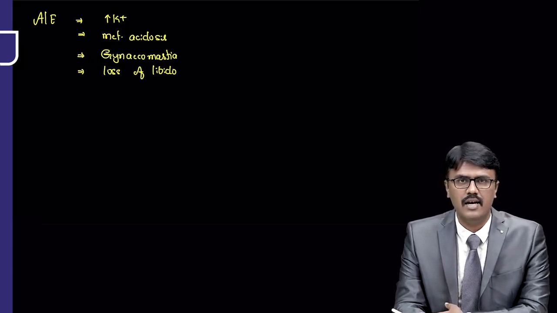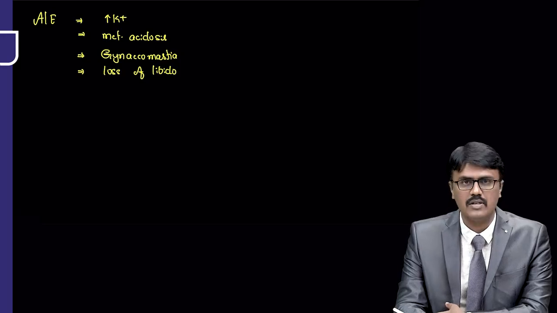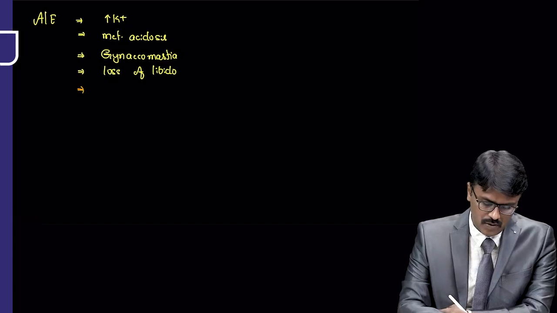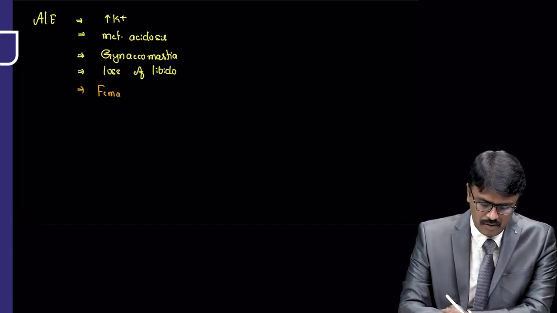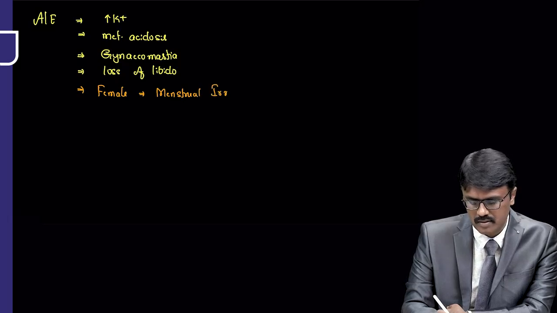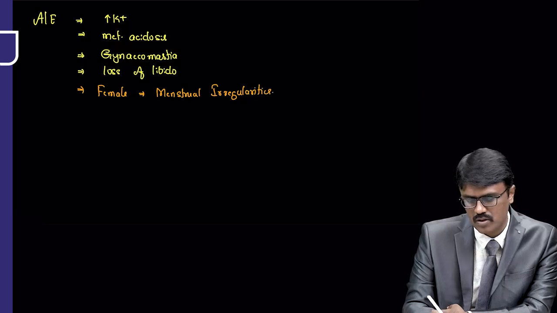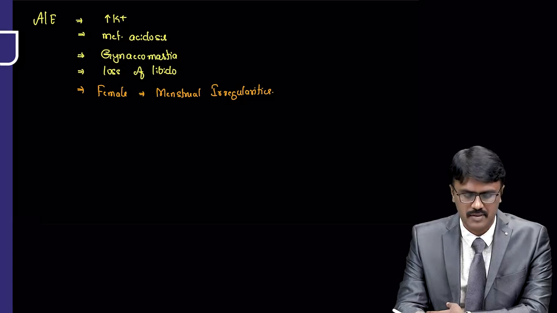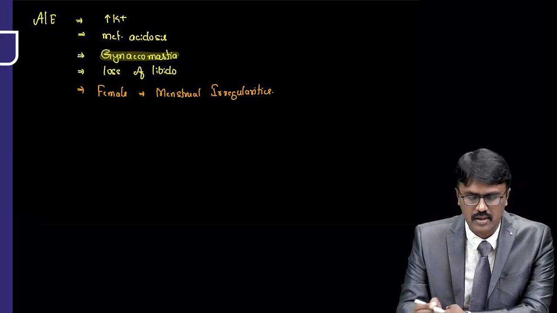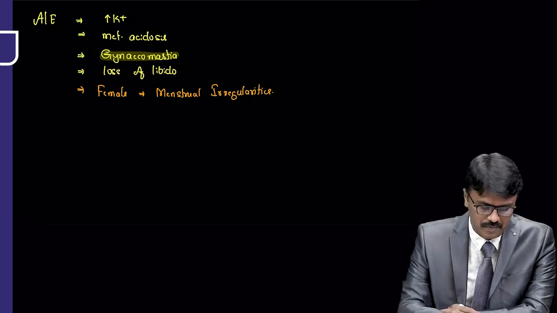The reason is it's an androgen blockade, and that's the reason it will cause gynecomastia and loss of libido. In females, it has shown to produce menstrual irregularities. The reason is it has shown to block progesterone receptor in females. But mainly they will ask in the exam is the diuretic causing gynecomastia is spironolactone.